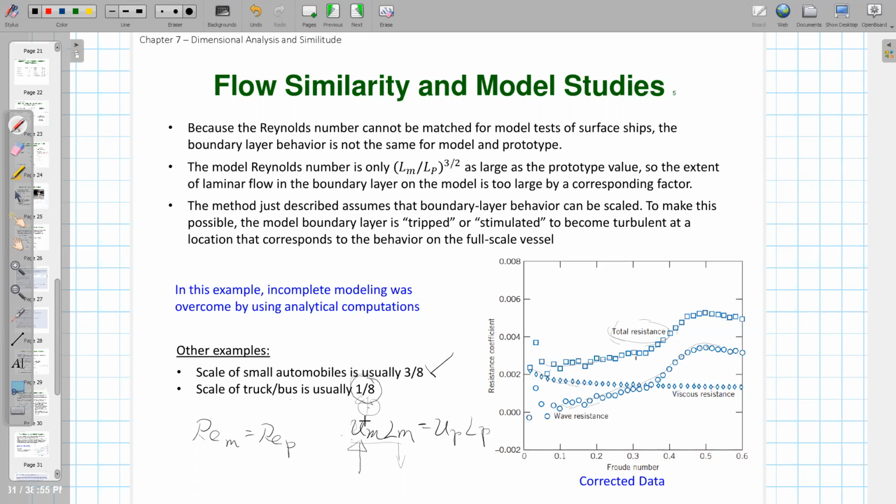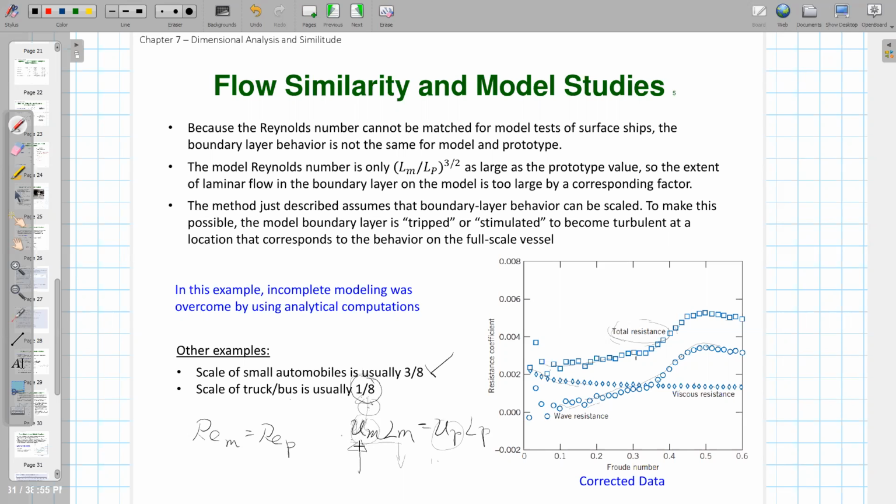Okay, but here is the problem. When your truck operates at a high speed like 100 miles per hour, and after you shrink this truck to 1/8, the U_m you calculate will become very large.